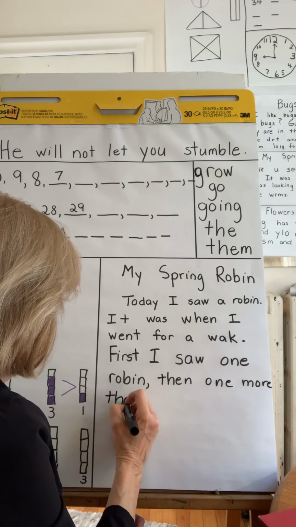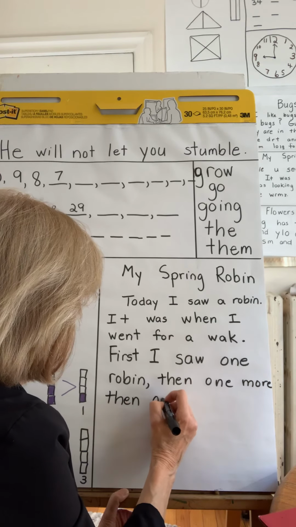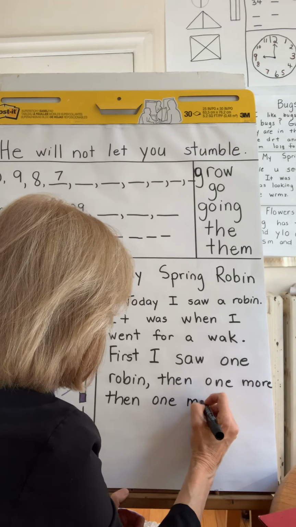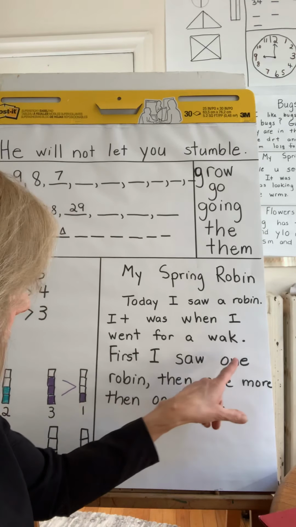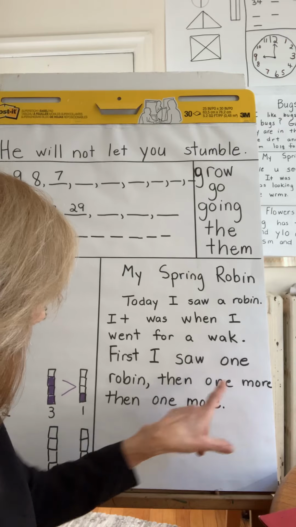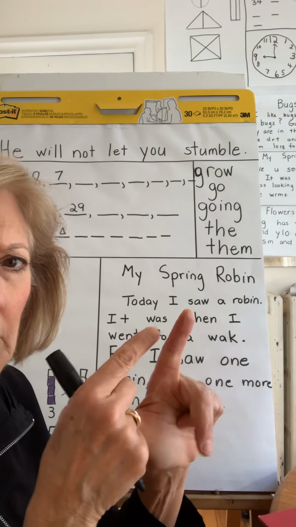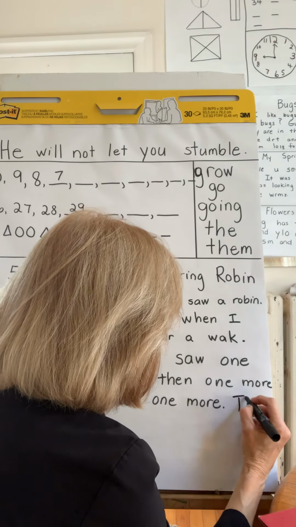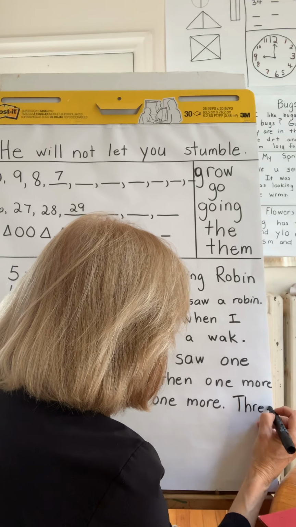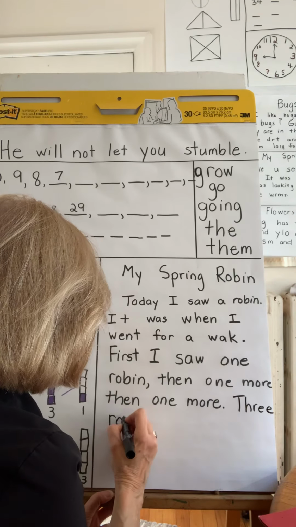Then one more. So how many did I see? I saw one, then one more, then one more. I saw three. Three robins.